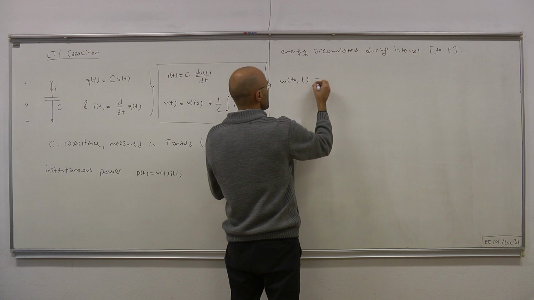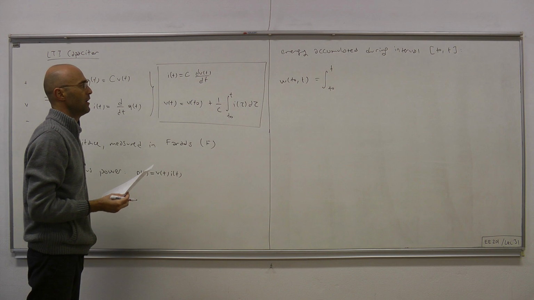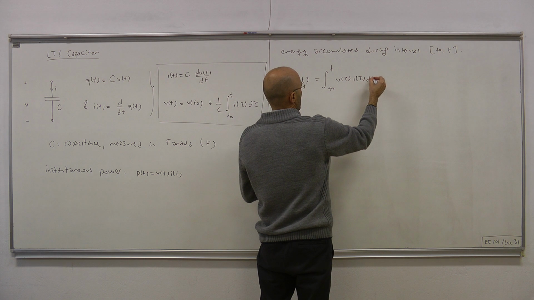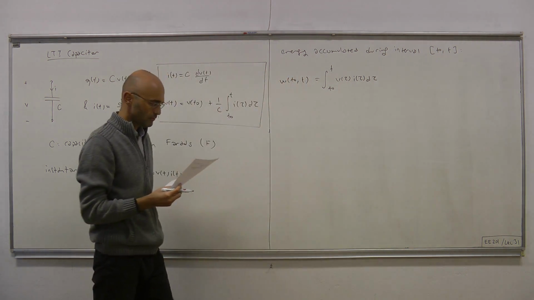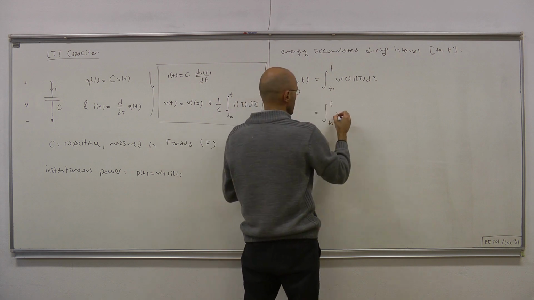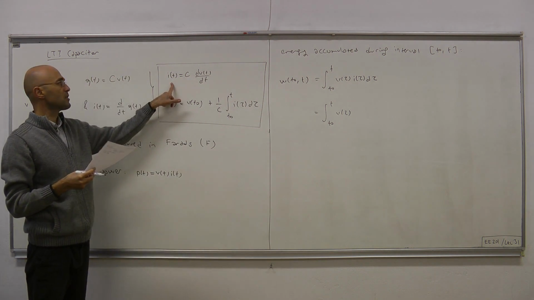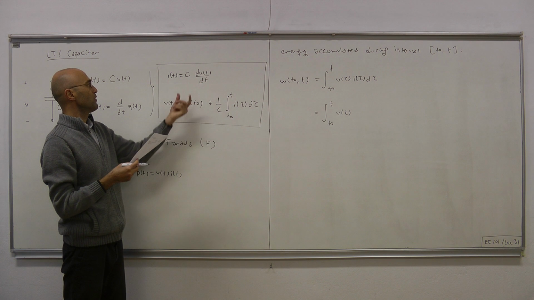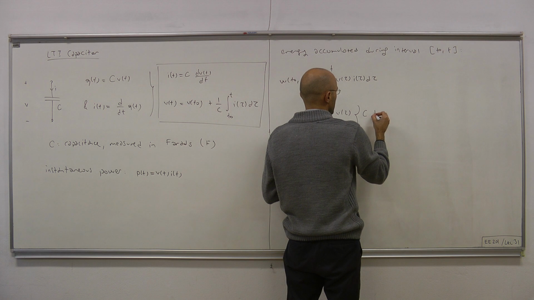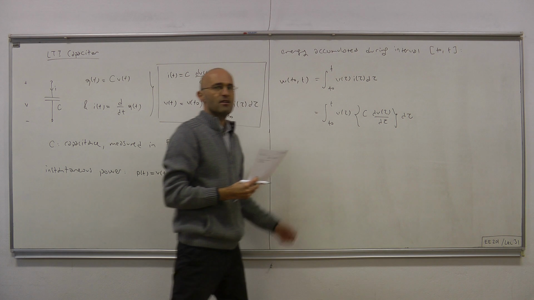W from t0 to t is the integral of the power, because power is the derivative of energy or the work: integral of v(tau) i(tau) d tau. And that can be written as the integral from t0 to t of v(tau) times, instead of current, we can replace it with capacitance times v dot, C dv(tau)/d tau d tau.